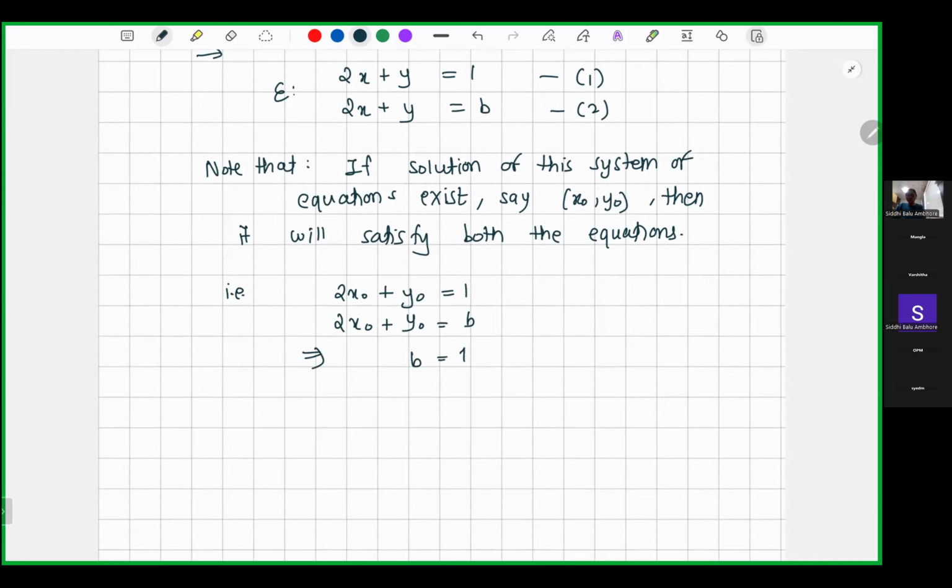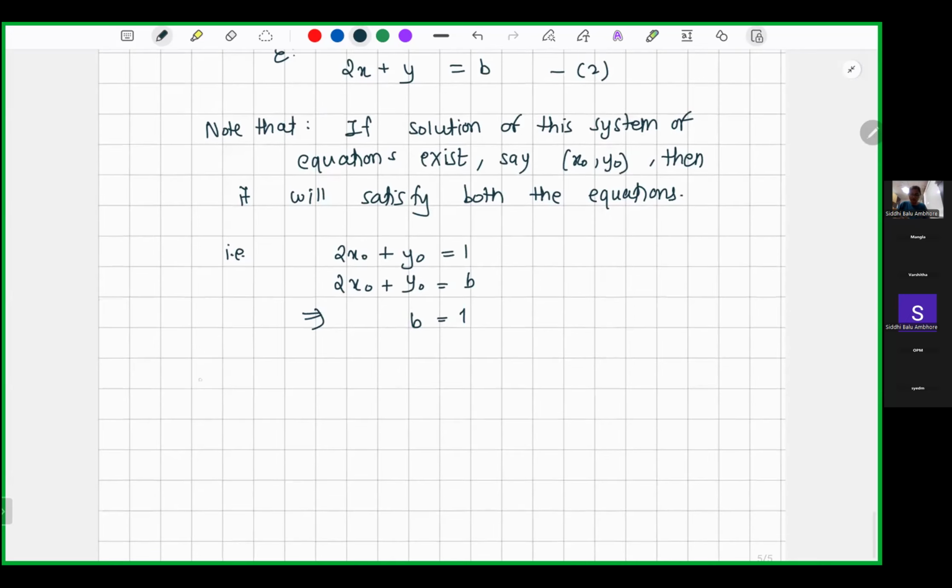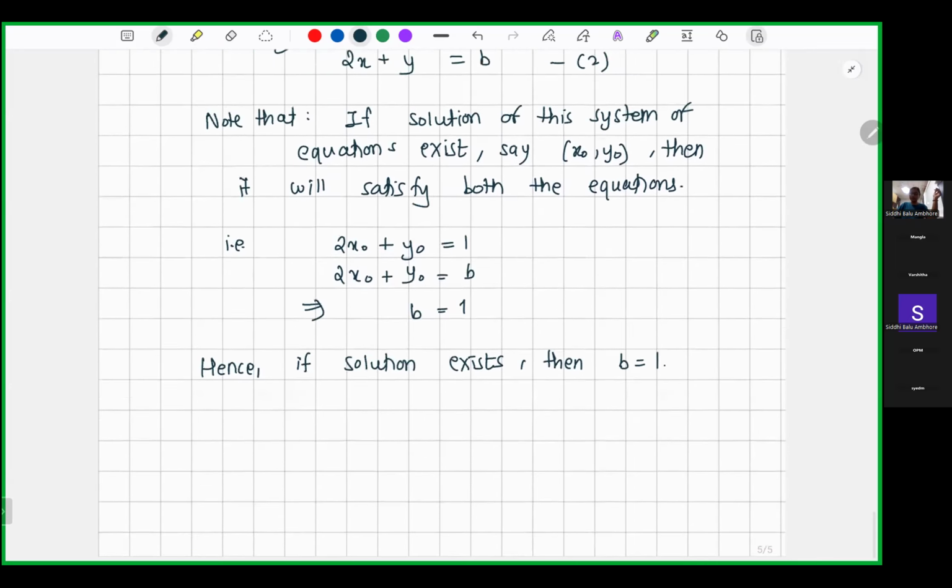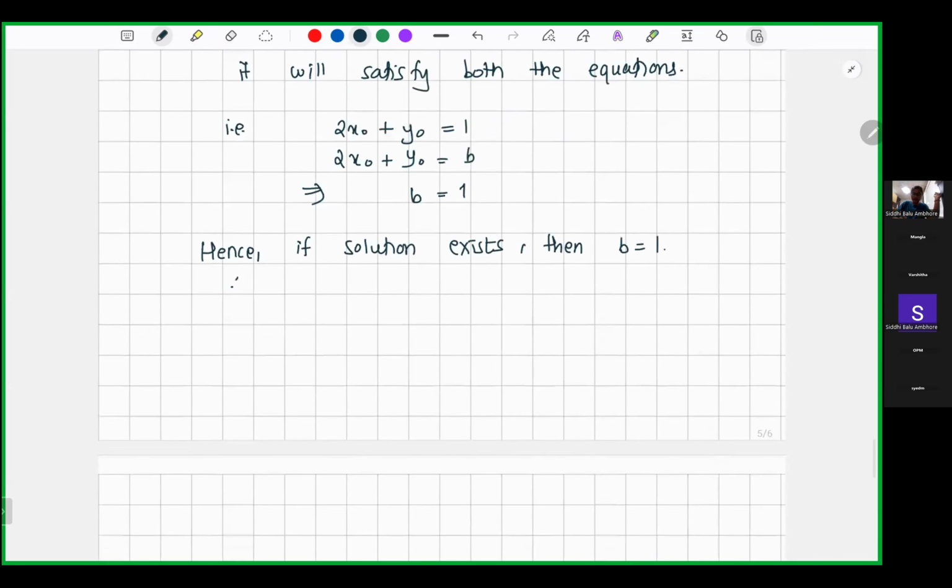Hence, if a solution exists, then b has to be 1. And as b is equal to 1, we are left with only one equation: 2x plus y is equal to 1.